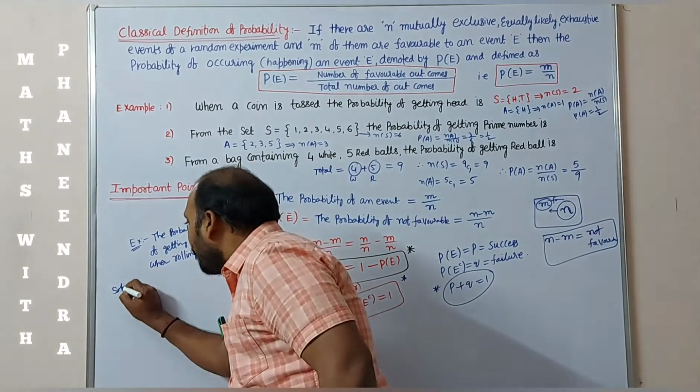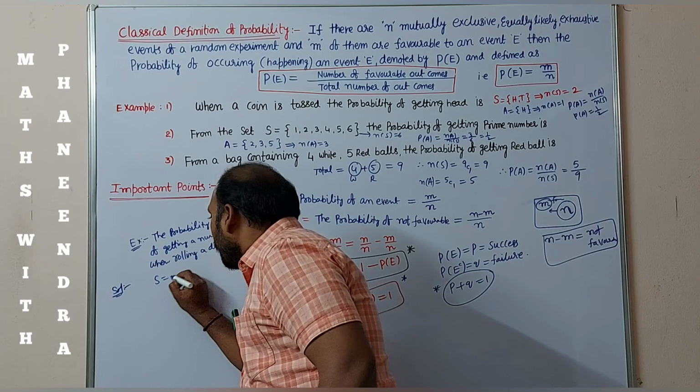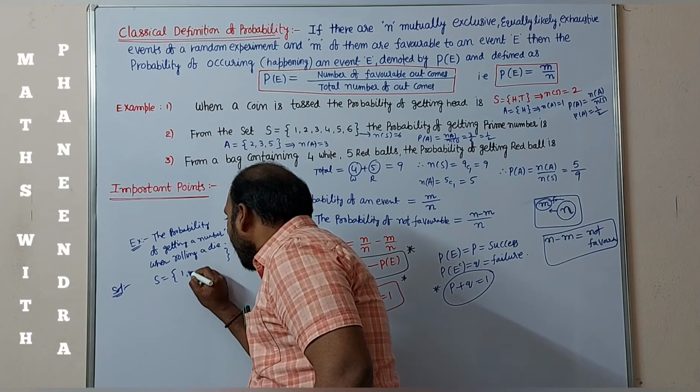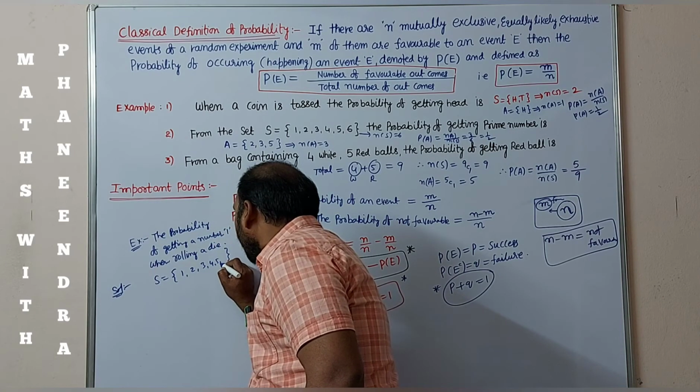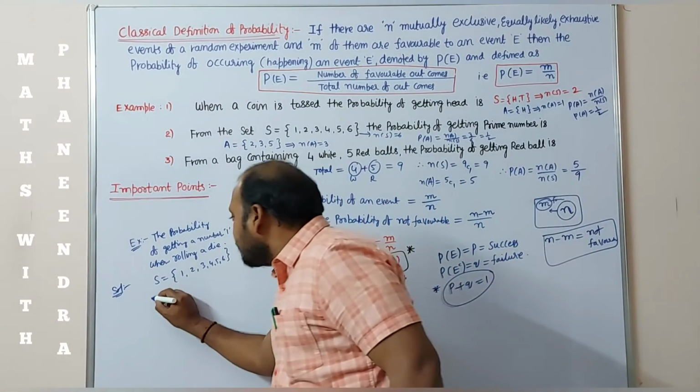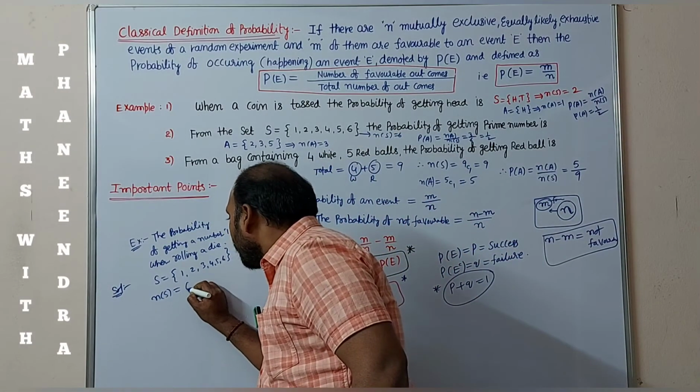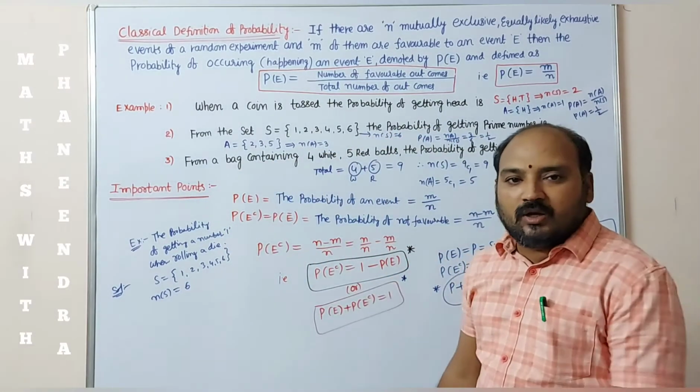So in the sample space, S is equal to, when rolling a die, what are the possibilities? 1, 2, 3, 4, 5, 6. So n of S is equal to 6, total possibilities.